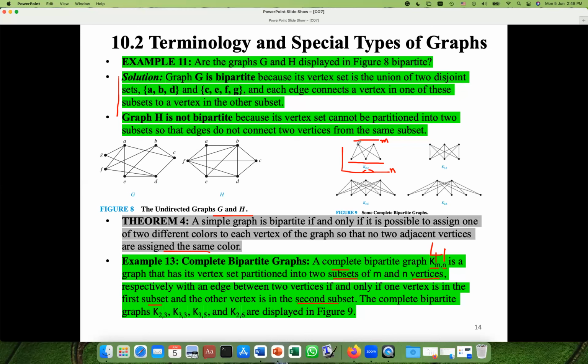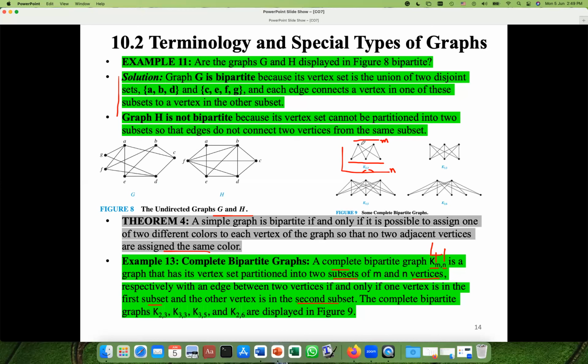This is the difference with respect to the complete graph. Because in a complete graph, you must have some edge from here to here. Look at where I am pointing. If it is a complete graph, if you are not talking about bipartition, then these would have some edge, according to the definition of the complete graph.